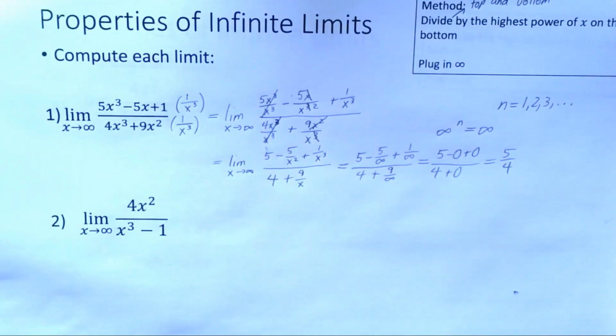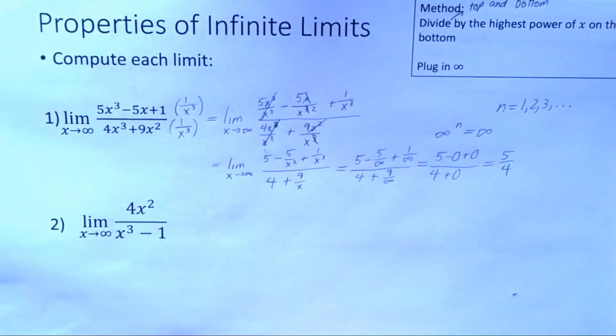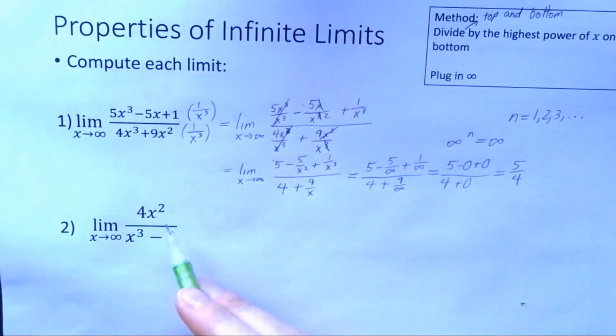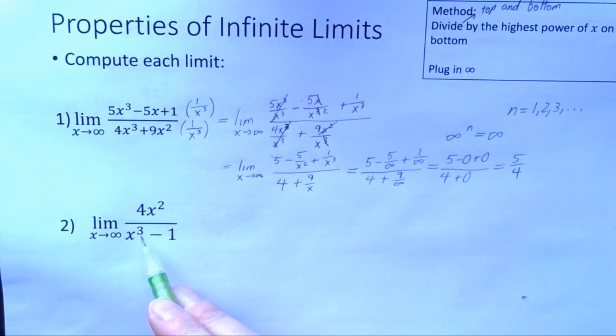And this is the general method that we can use for any problem of this type, where we have the limit as x approaches infinity of a rational function. So with that in mind, for the next problem, the limit as x approaches infinity of 4x squared over x cubed minus 1, we do a similar process. The highest power on the bottom is x to the third.